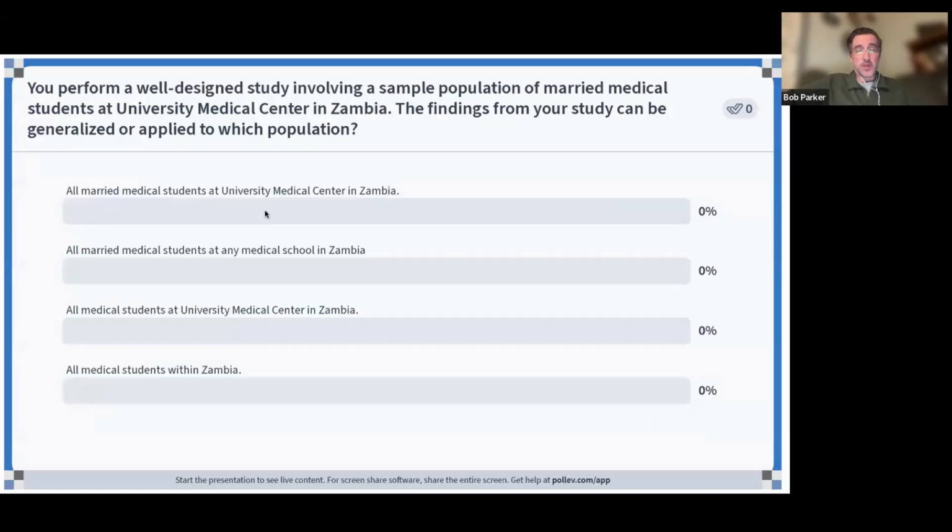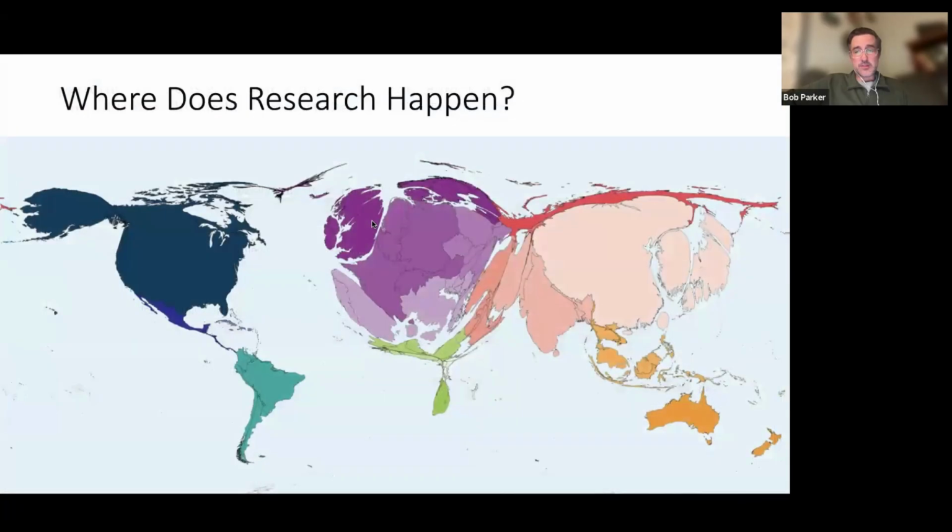Good. Okay, I agree. So, all married medical students at the University Medical Center in Zambia. So that talks a little bit about how generalizable your study is to others.